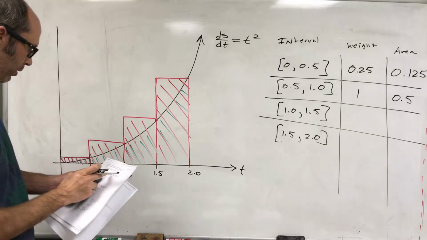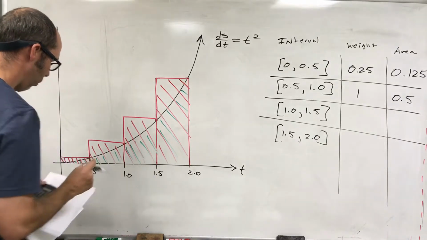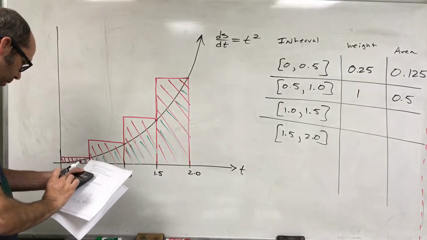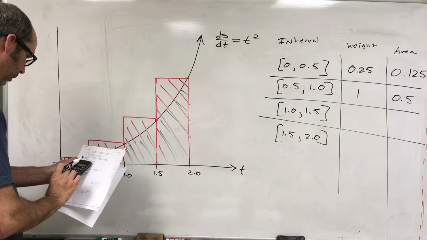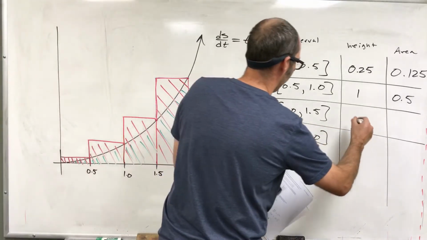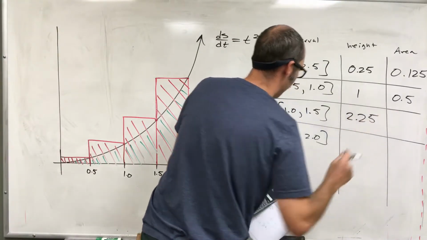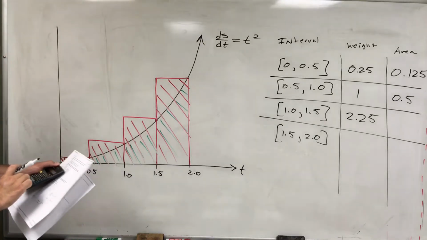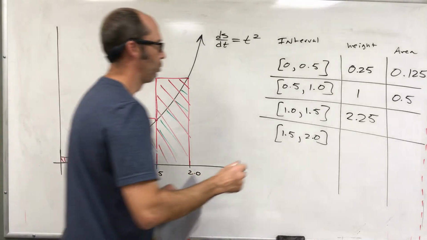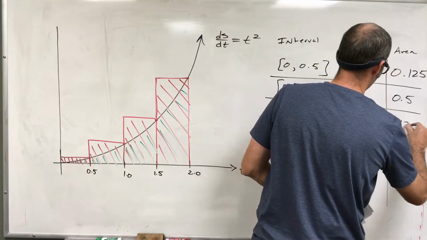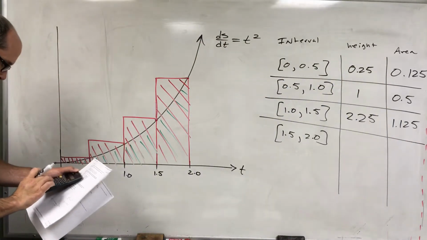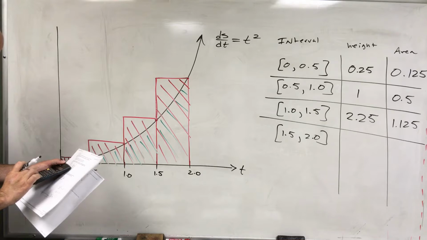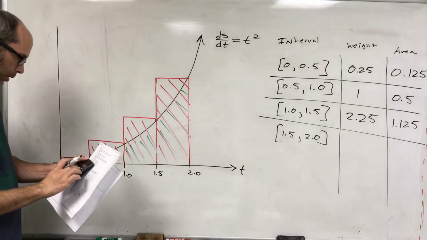Next endpoint, 1.5 squared, which I found was 2.25, times 0.5, is 1.125. Let me just make sure I did that right. 1.5 squared times 0.5. Yep, okay.